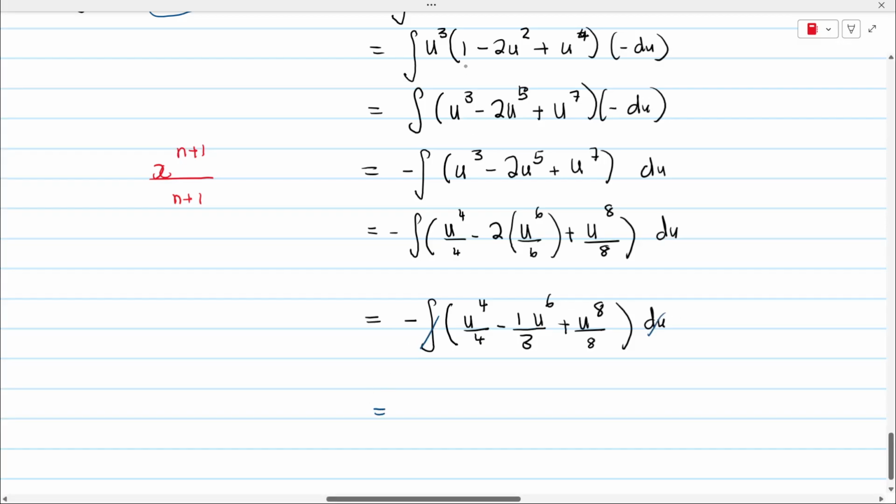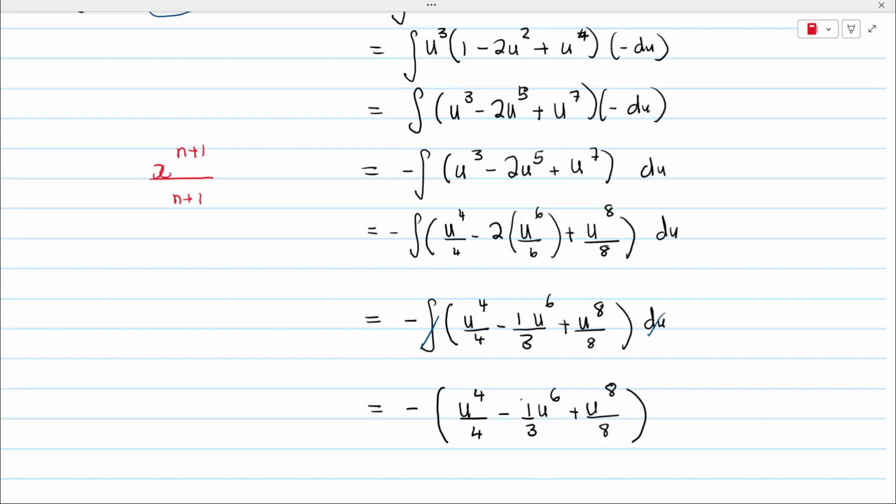So what I then have now is equals to negative, and then a bracket, u exponent 4 all over 4 minus 1 all over 3 u exponent 6 plus u exponent 8 all over 8, close bracket.